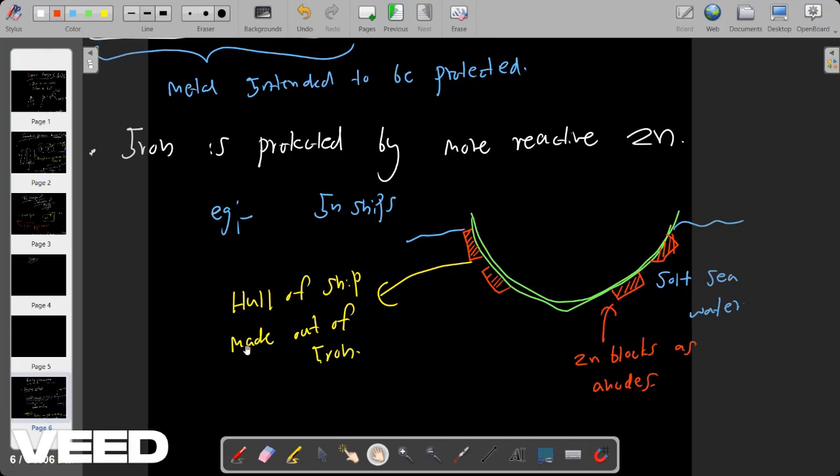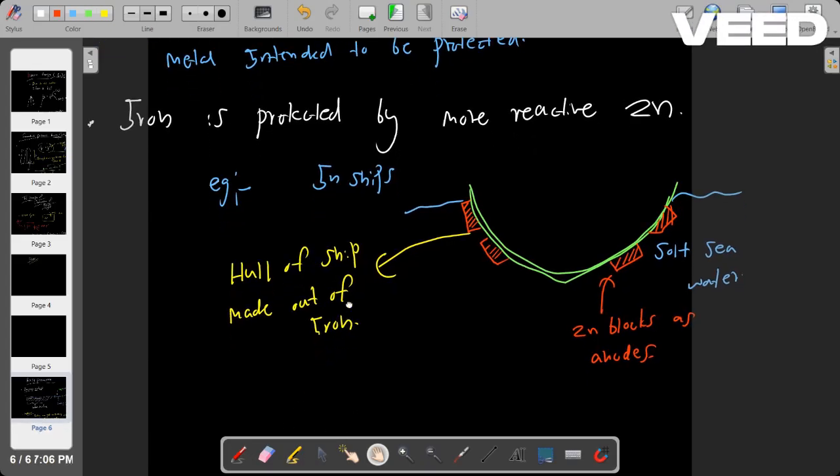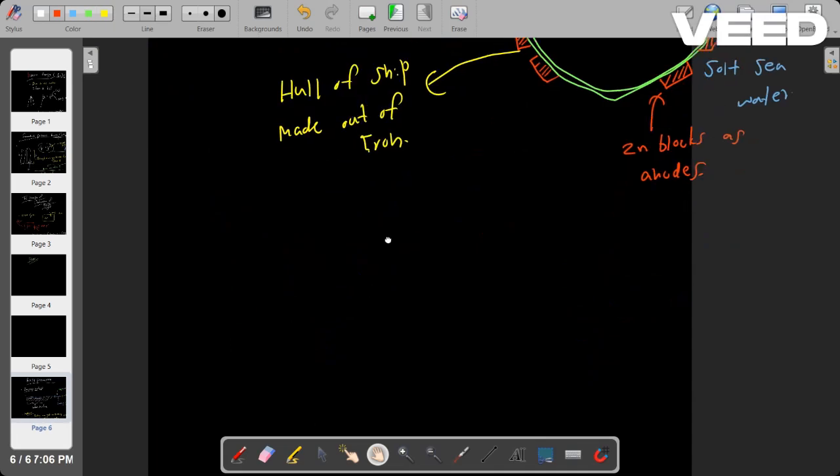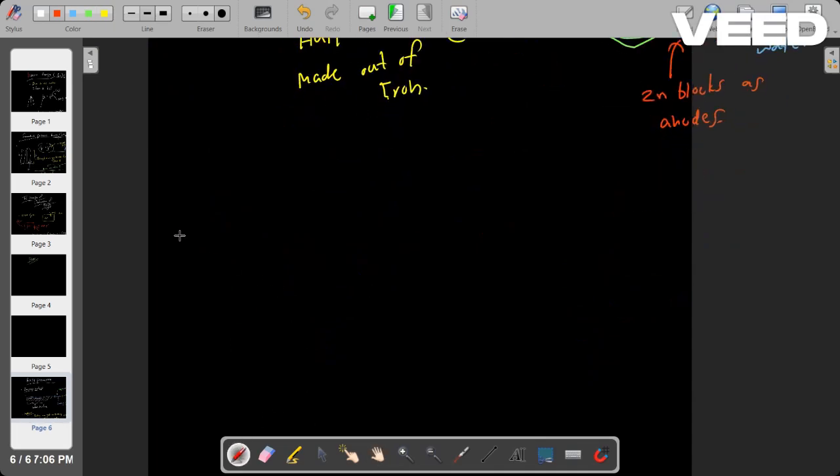And the best method is if you can use both the barrier method and the sacrificial anode. It is the best method, but it is expensive, the hybrid method. It's called galvanizing.